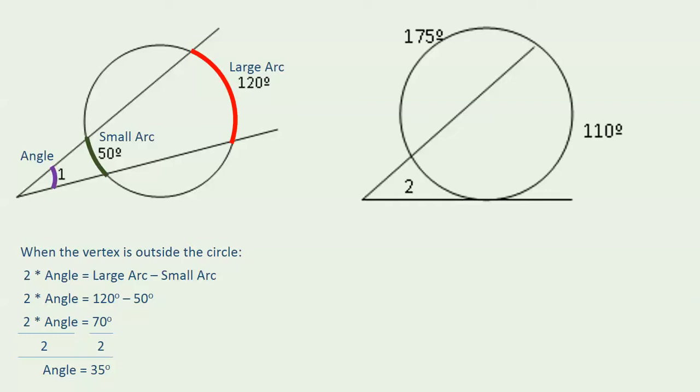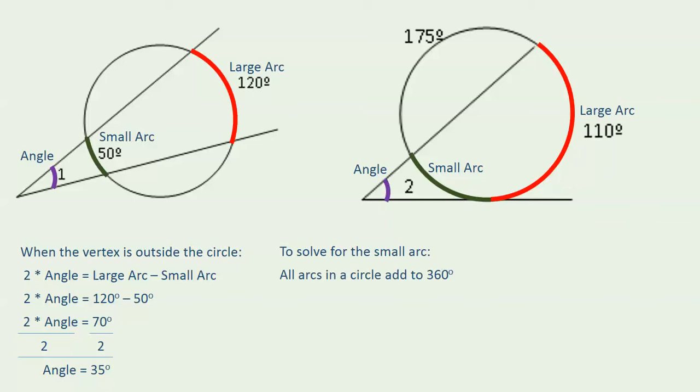Now, let's solve for this angle too. I know that my small arc and my large arc are both created by the angle, so I'll need to solve for my small arc first. All the arcs in a circle add to 360 degrees.